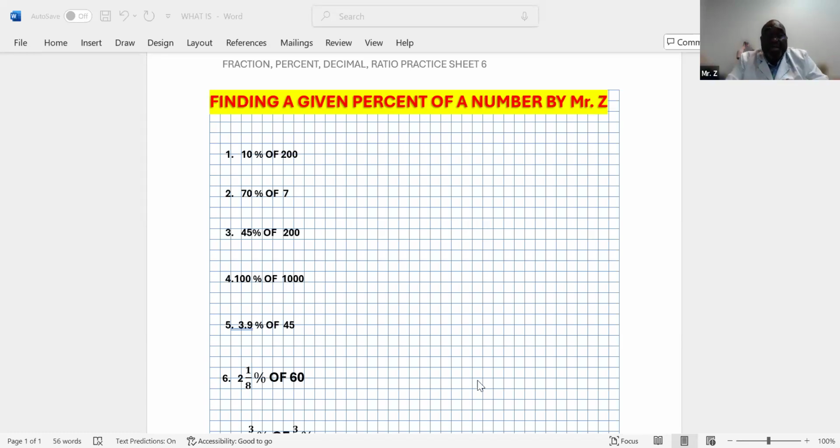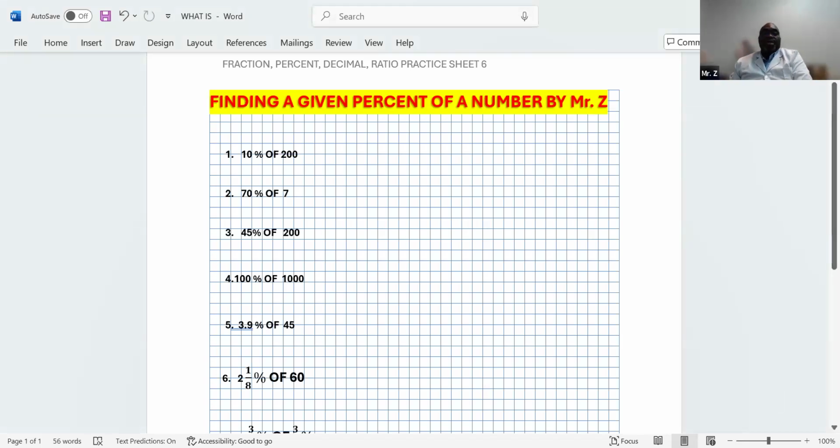If you have a percent and need to convert it to a fraction, you divide it by 100 and take the percent sign away. If you need to go to a decimal, divide the number by 100 and you get your decimal. But today we are learning how to find a given percent of a number. Hopefully this helps you refresh something you learned back in school.